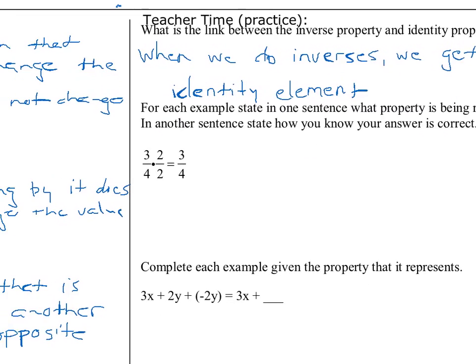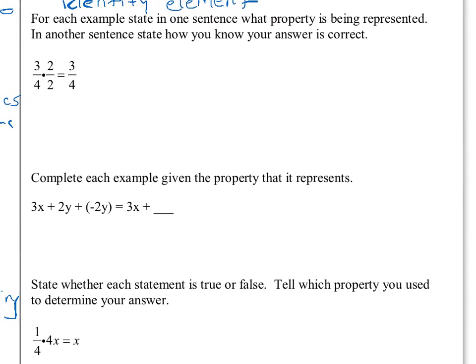Okay? All right. So for each example, in one sentence, we want to state what property is being represented, and in another sentence, state how you know your answer is correct. What property is being represented here in the first example? It's a little bit tricky. You have to think critically about this problem.